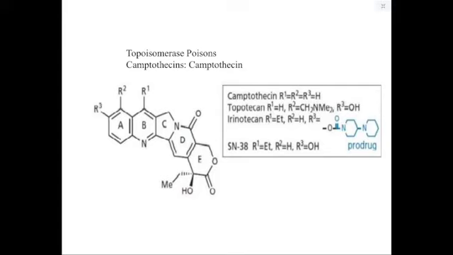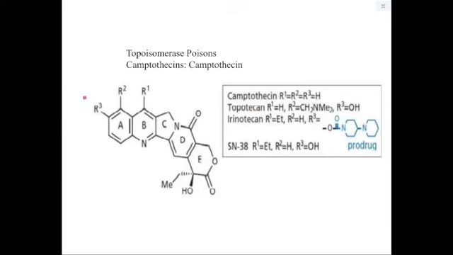The other topoisomerase poison is the camptothecins, and under that class we have camptothecin itself. Again, this is the structure we have here of the camptothecins, and the difference is very slight. When you have camptothecin, all these are hydrogens.